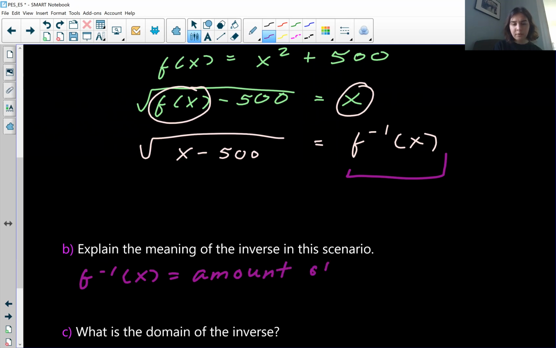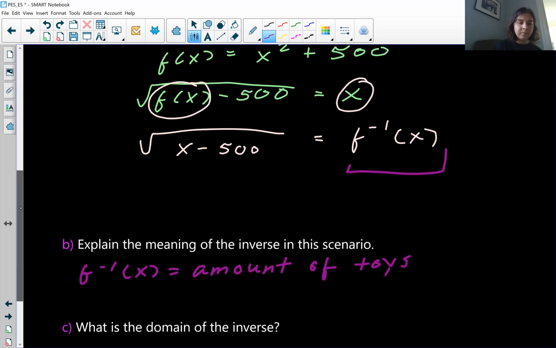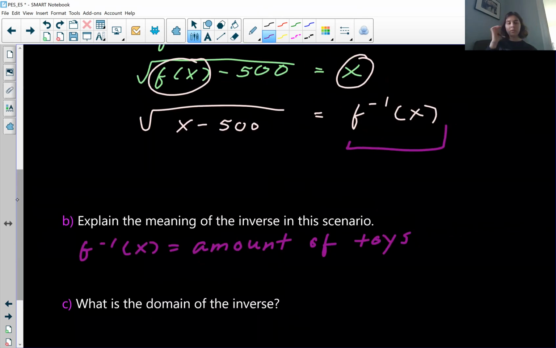So it's just being careful to understand, if you're doing a word problem, what your variables mean as you're doing the calculations. So we solved for the amount of toys. Remember how we did that transition right there. Our x is going to equal the manufacturing cost.